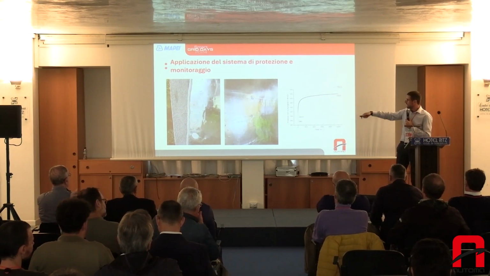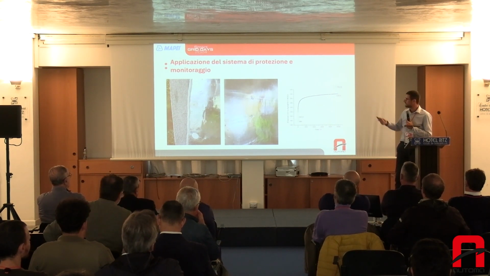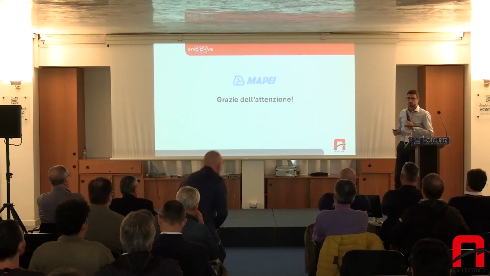This is a graph that refers to this structure. In this case, we measure depolarization to make sure that we reach the parameters required by the standard. We've been going there for 2 years. Everything is working perfectly, and we have planned the next assessment at the beginning of 2025.